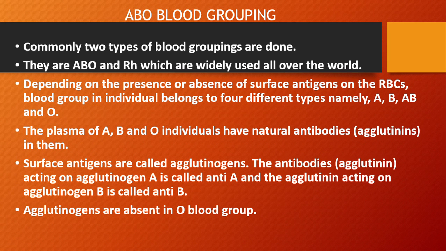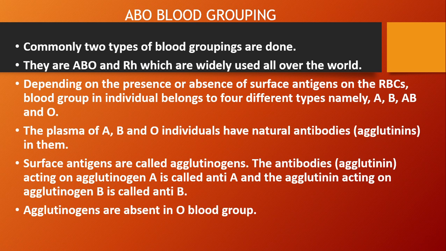The antibody which acts on antigen or agglutinogen A is called anti-A, and the agglutinin or antibody acting on antigen or agglutinogen B is called anti-B.